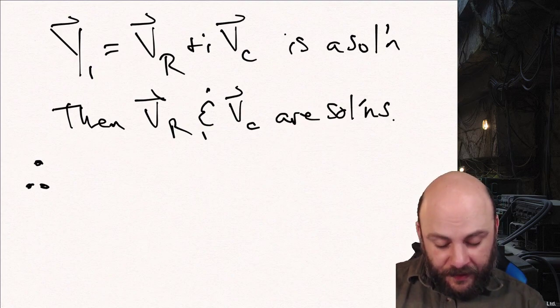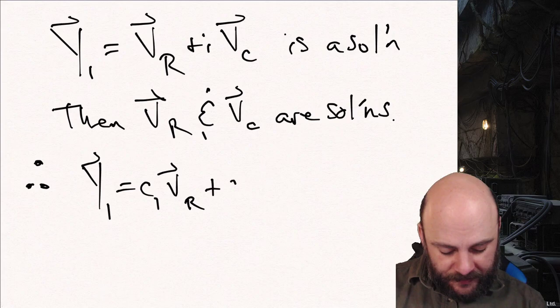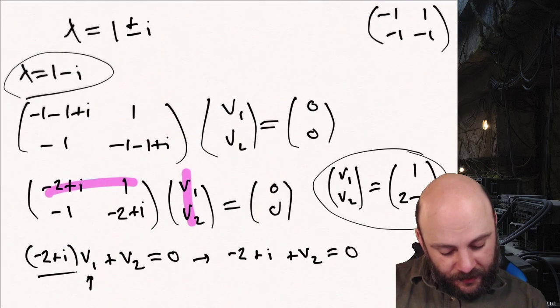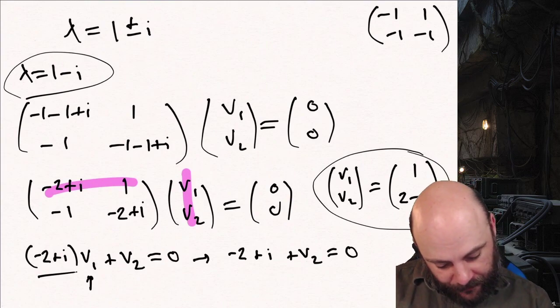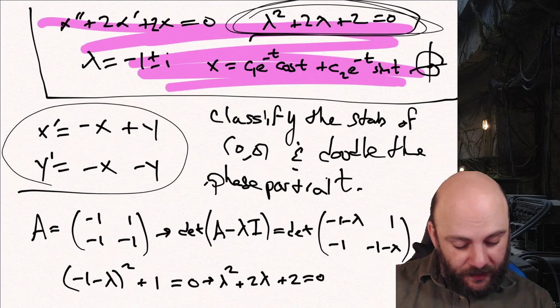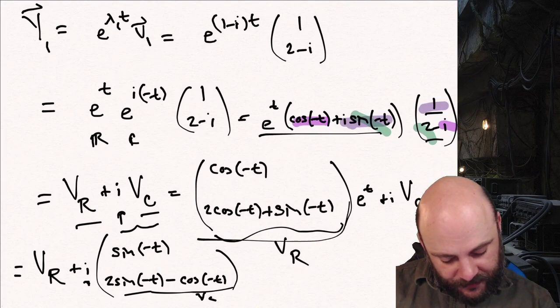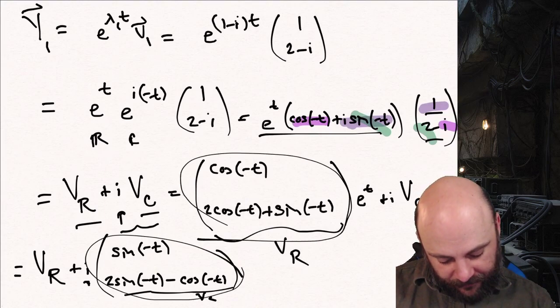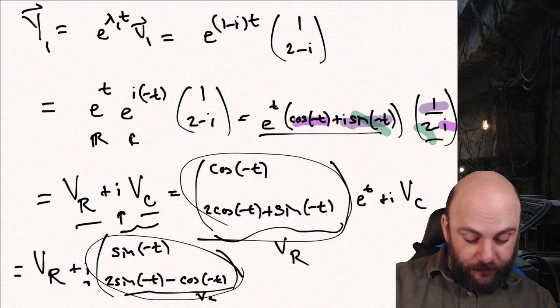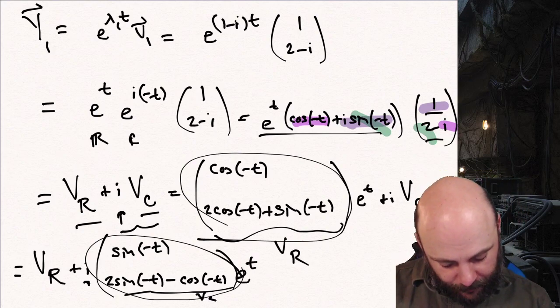Therefore, the general solution to the problem is C1 VR plus C2 VC. So coming up here, my original problem was this guy right here, which means I can write its solution as C1 times this vector plus C2 times that vector. Cool, I have the solution. I forgot the e to the t right there.